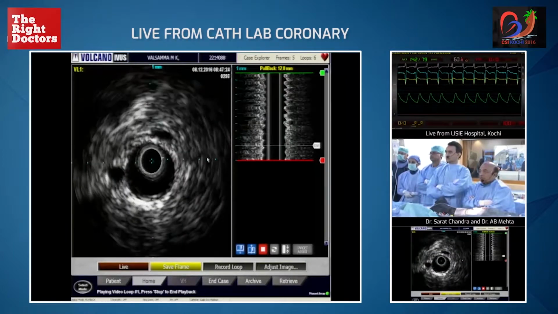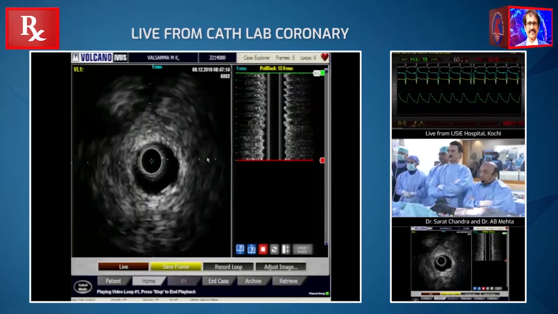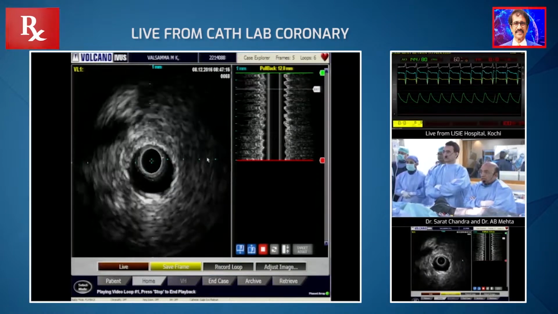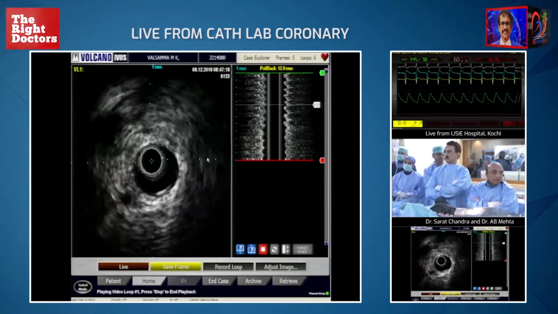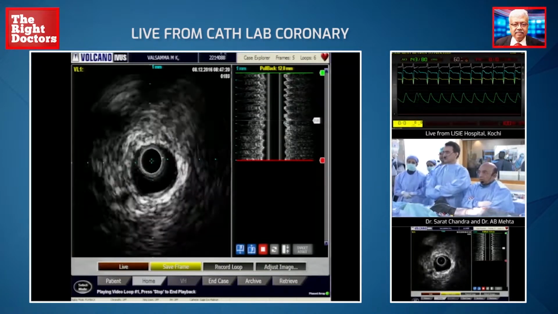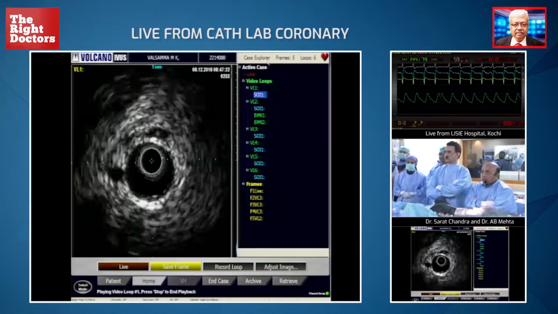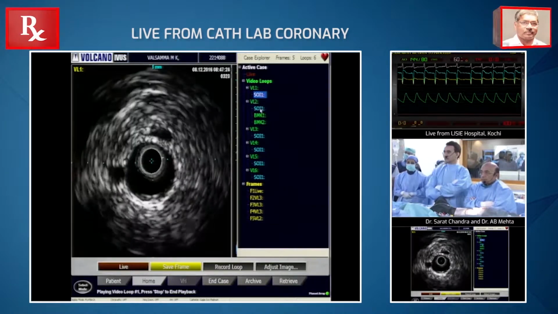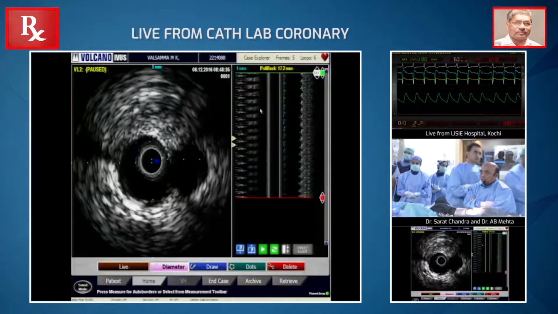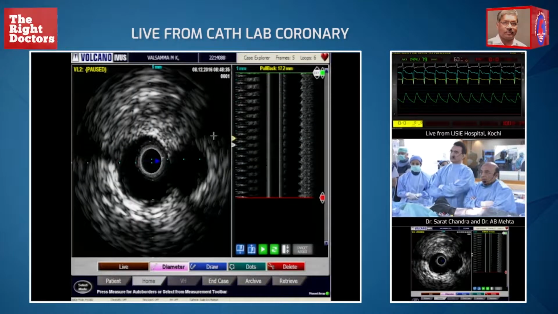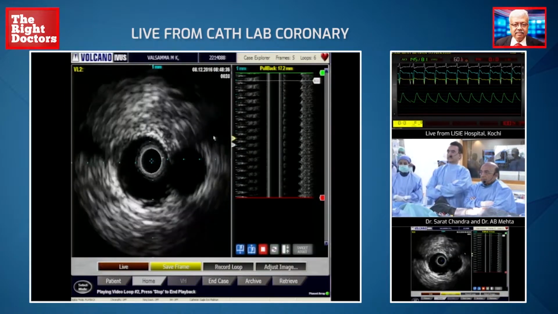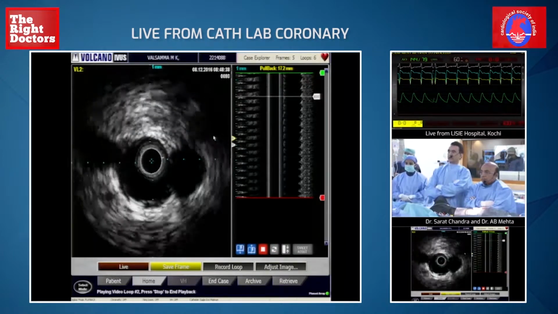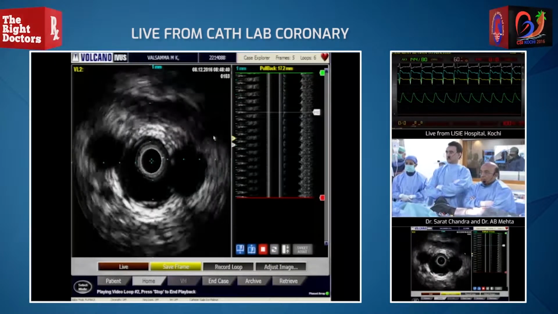You see now here the two side branches, small branches, these are septals, and we are coming back. Is she comfortable? Yeah, next run. Same thing. This is where you are seeing the second diagonal, the one we don't have much of an issue about.